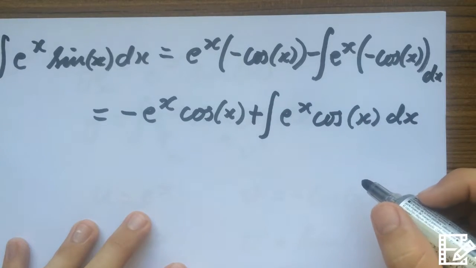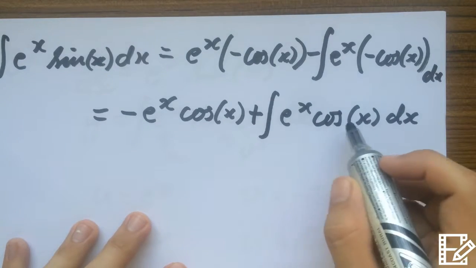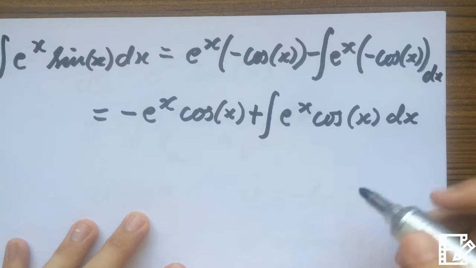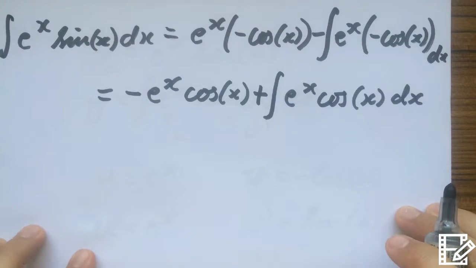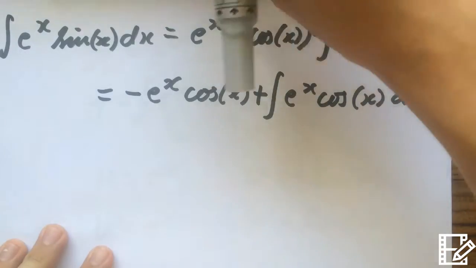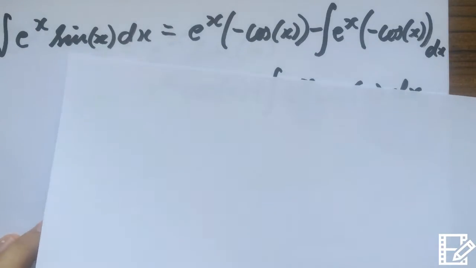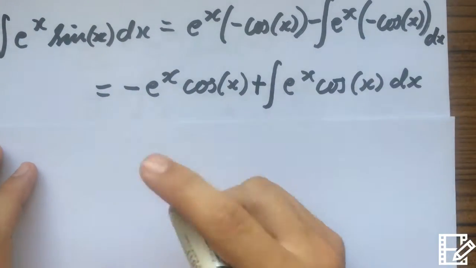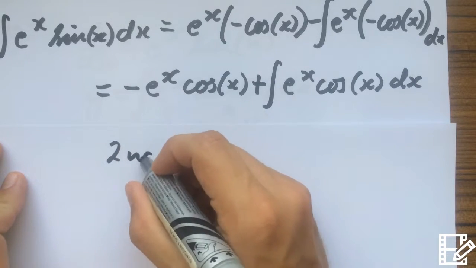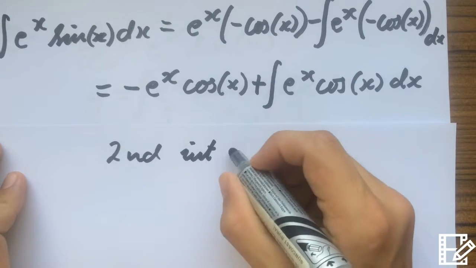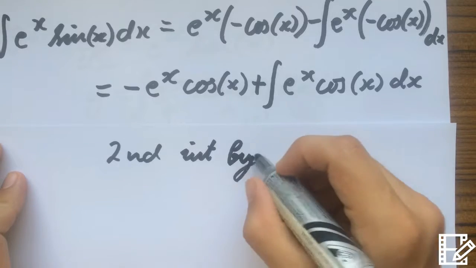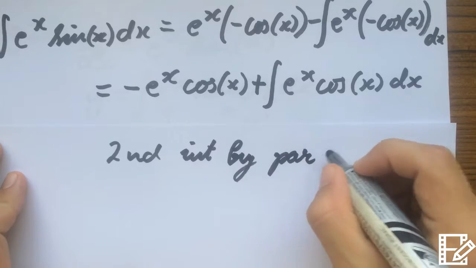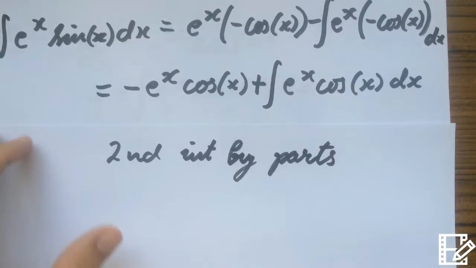Now this is the problem, because we still have two functions left. Okay, what does that mean? Second integration by parts. So this is going to be the second integration by parts. Okie dokie.